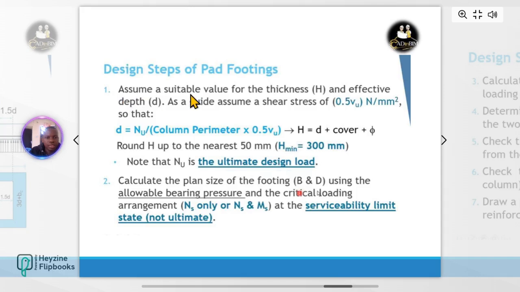So let's assume a suitable value for H, that's the depth of the column, and the effective depth D as a guide. Assume a shear stress of 0.5 VU. If you assume this, your depth will be N over NU divided by column perimeter times UV.